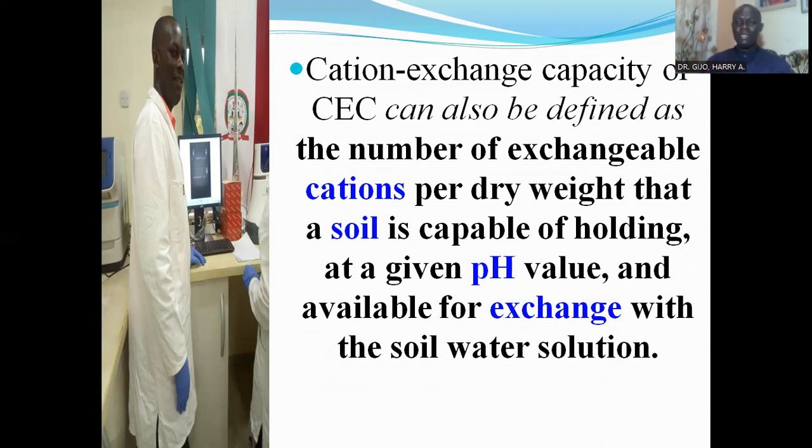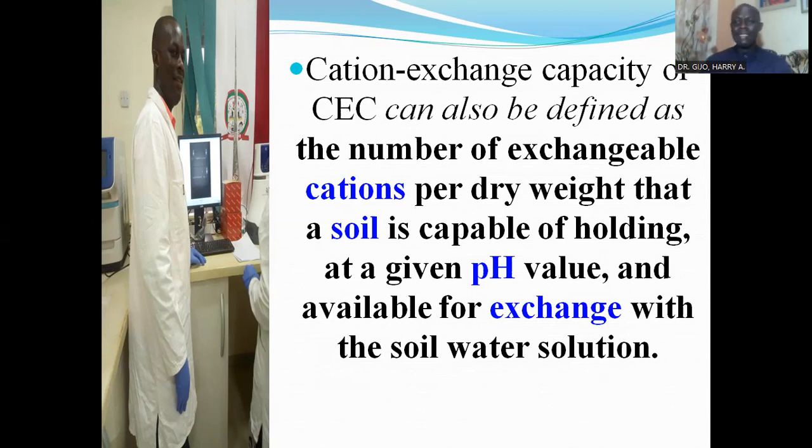A soil that has cation exchange capacity is able to make the cations available to the plants. They sequester some from the soil water solution, and then retrieve them for plant use, and excess cations are still kept in the soil for future use.